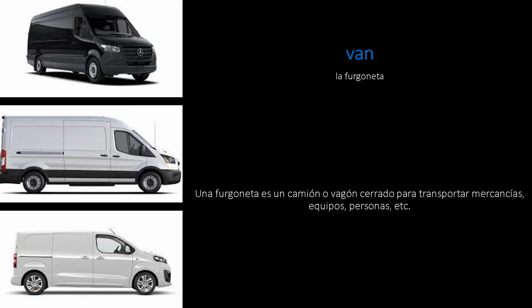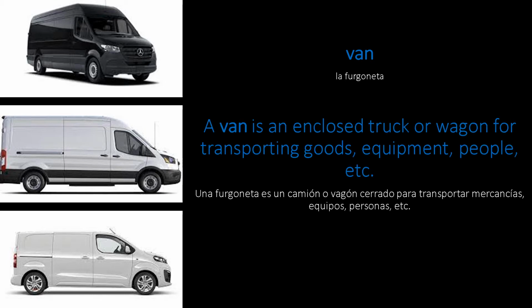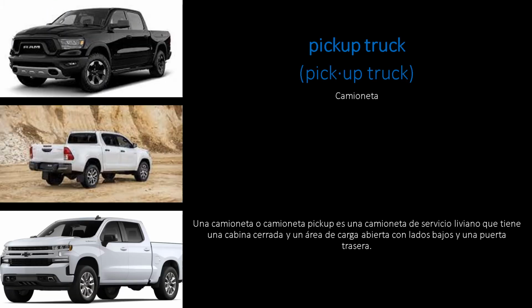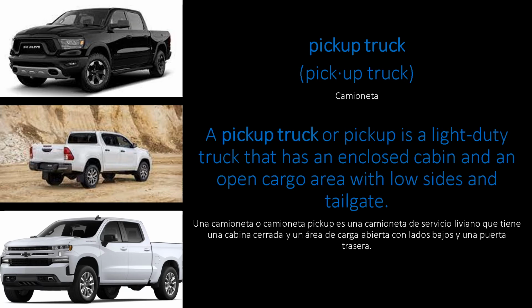Van. A van is an enclosed truck or wagon for transporting goods, equipment, people, etc. Pickup truck. A pickup truck or pickup is a light-duty truck that has an enclosed cabin and an open cargo area with low sides and a tailgate.